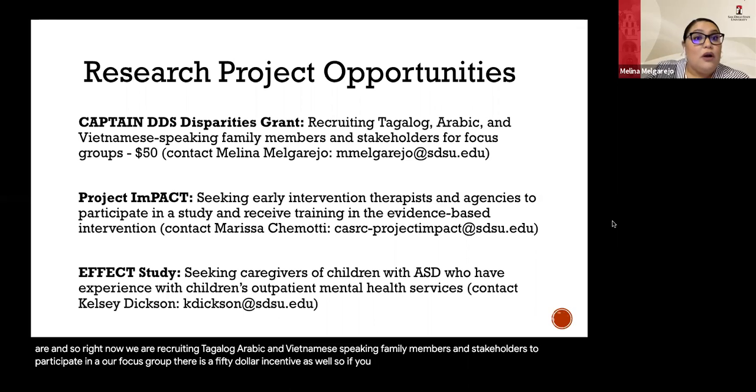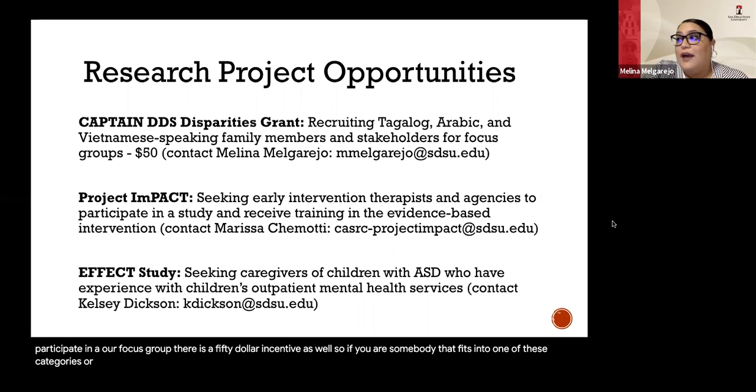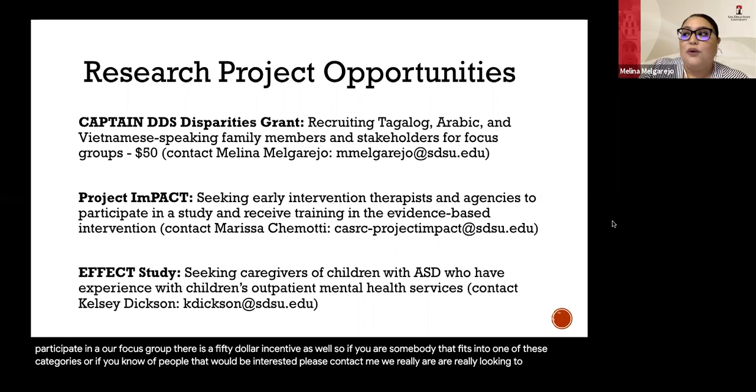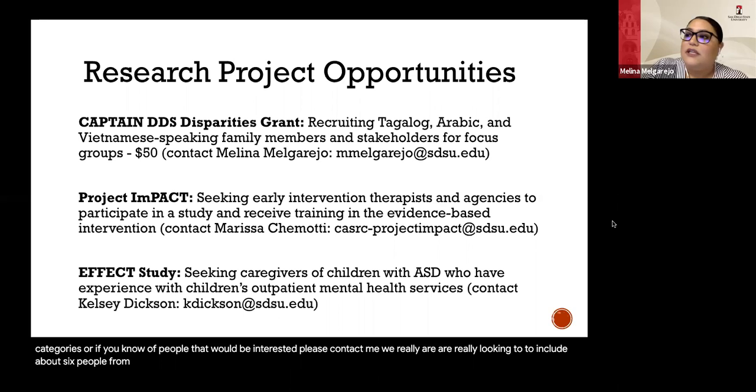So if you are somebody that fits into one of these categories, or if you know of people that would be interested, please contact me. We are looking to include about 6 people from each of these groups in a focus group. So again, if you know of anybody or if you yourself are interested, please contact me at that email address.